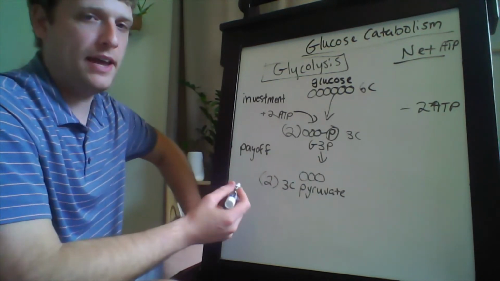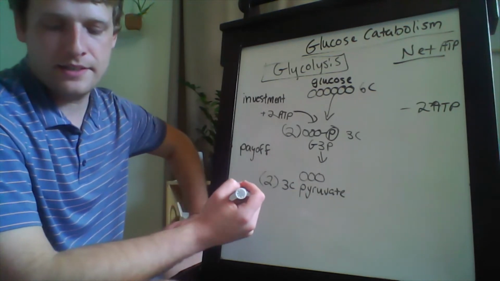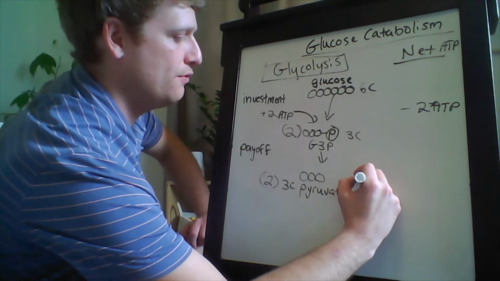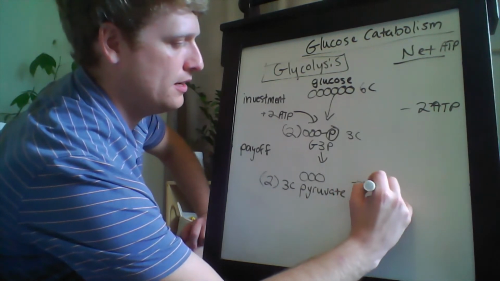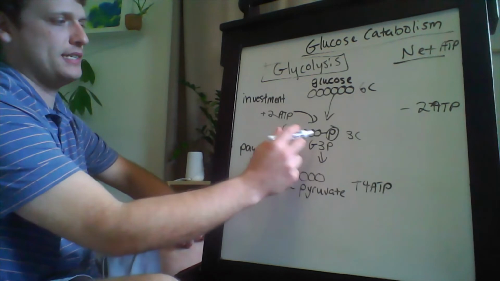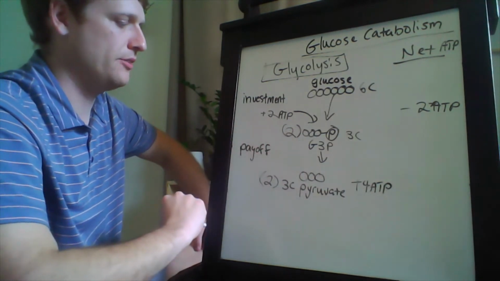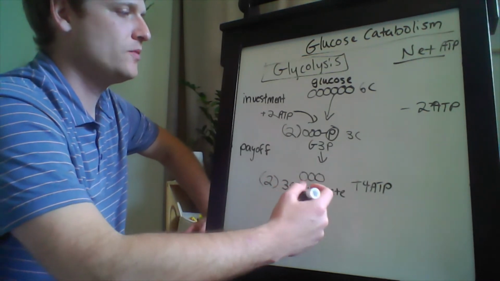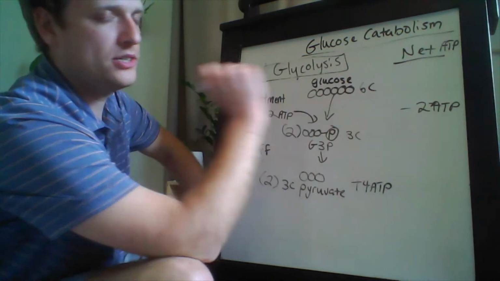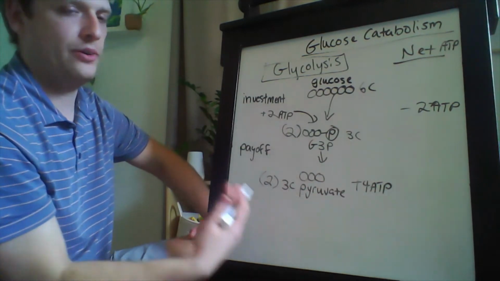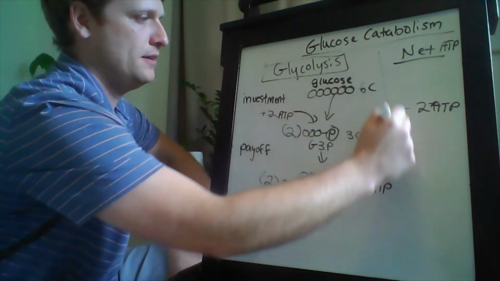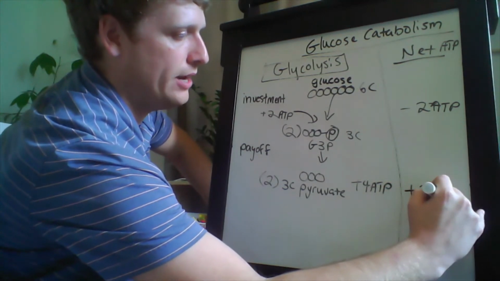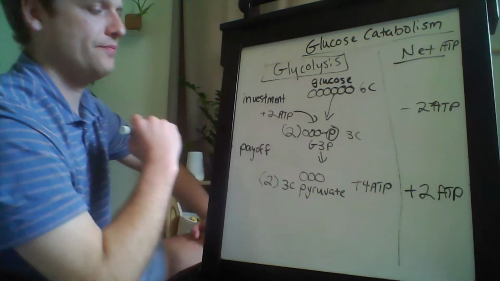And I say this is the payoff portion of glycolysis because you're actually going to gain 4 ATP during the conversion of these glyceraldehyde 3-phosphates to pyruvate. You gain 4. So since you lost 2 to begin with and you gain 4 here, you add those up, and your net is now in the positive. You've gained 2 ATP from where you started.